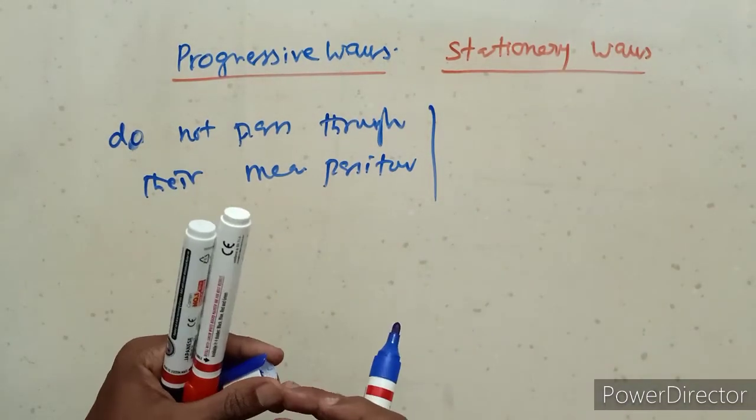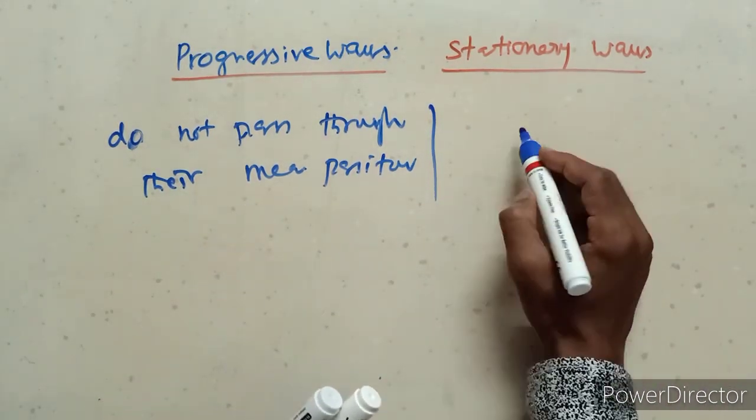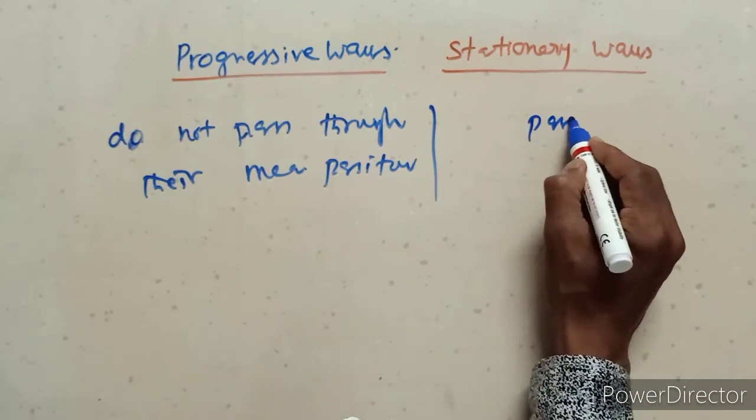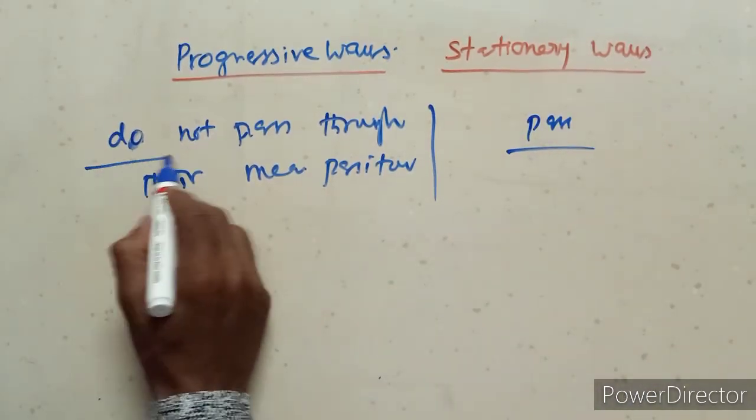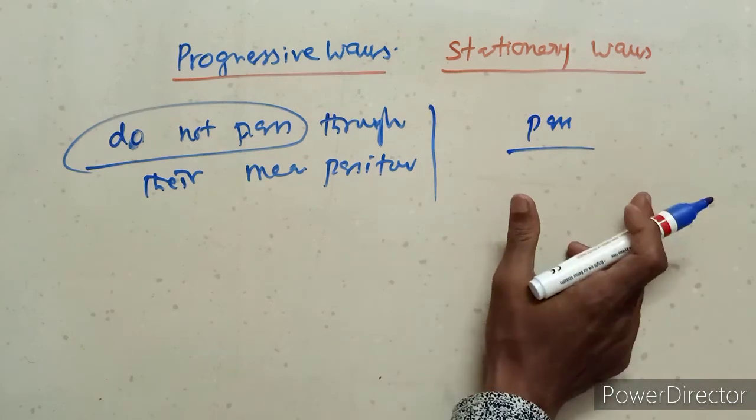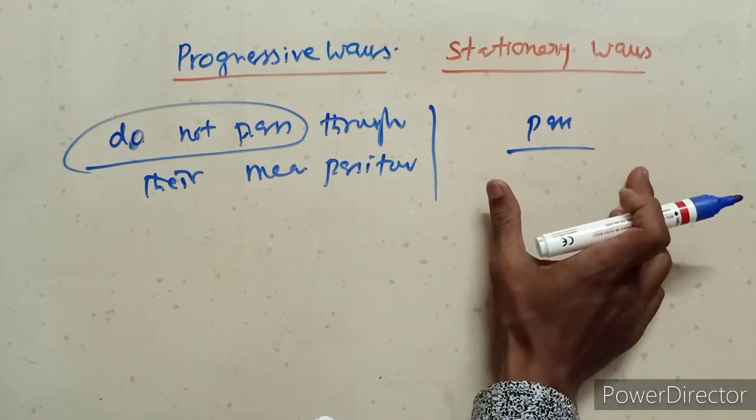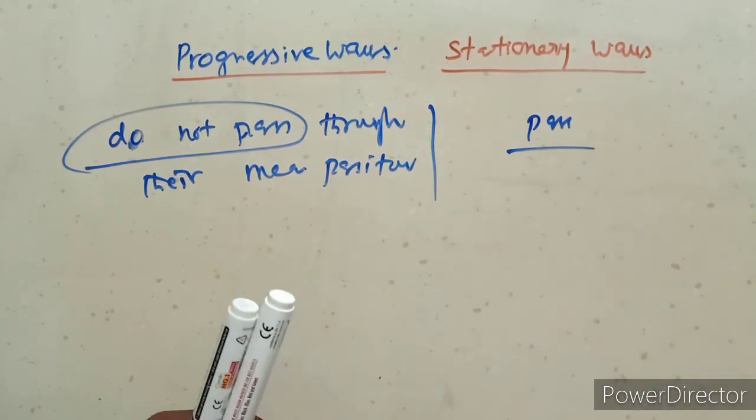In stationary waves, all particles pass through their mean positions.